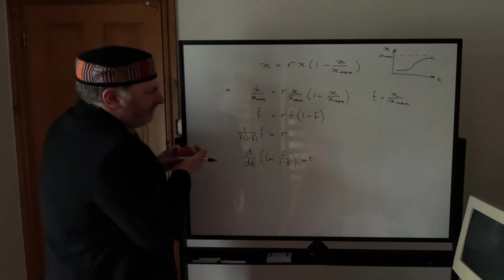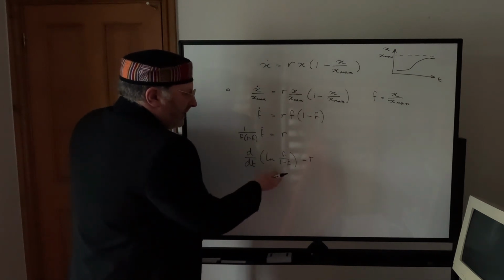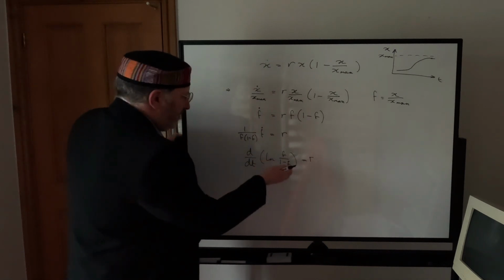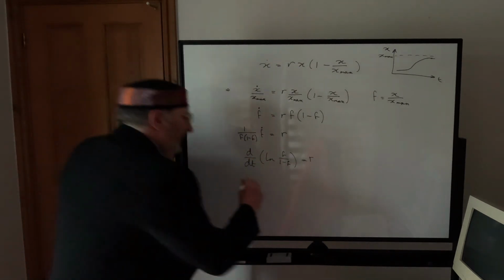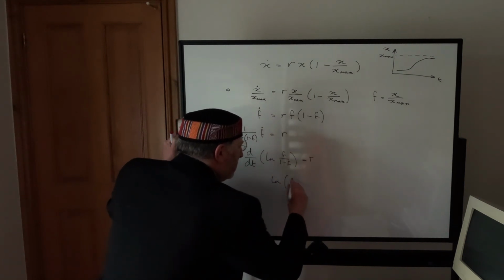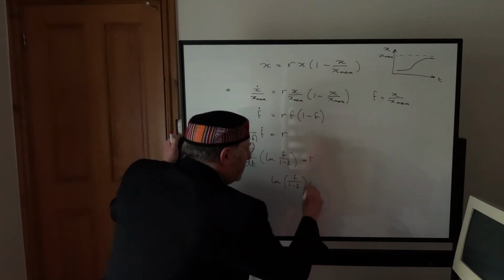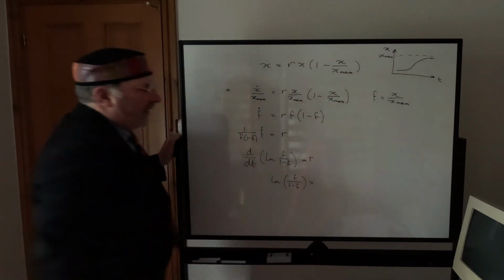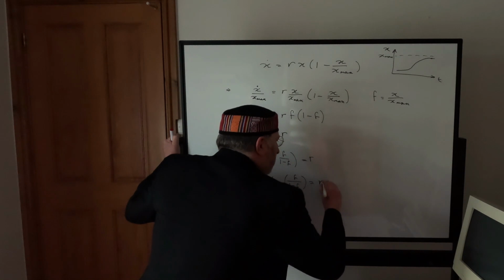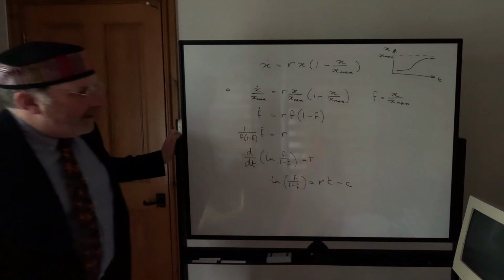So integrating this side with respect to time: this is a derivative with respect to time, so integrating it with respect to time, we'll just get back to what's in the bracket there. So we've got log of f over 1 minus f equals, and integrating r with respect to time is just rt, and I'm going to put a minus sign, minus c.